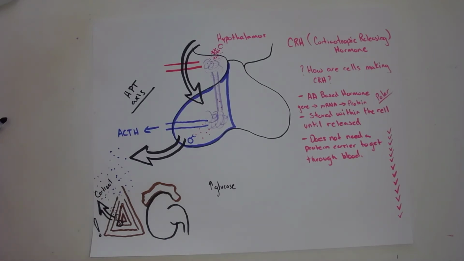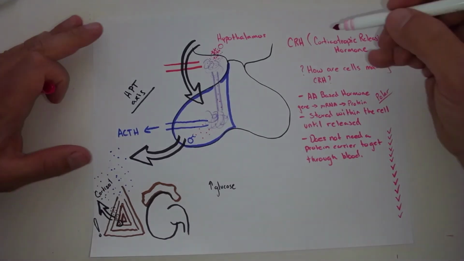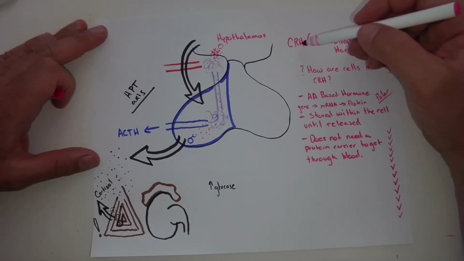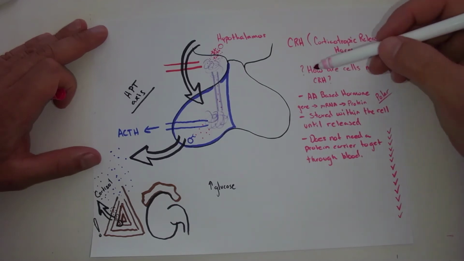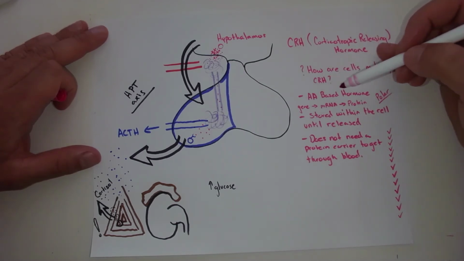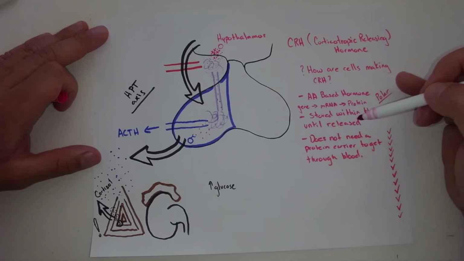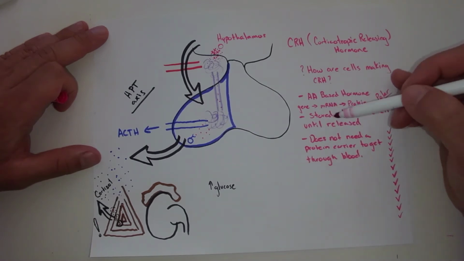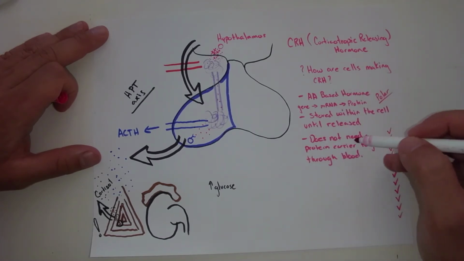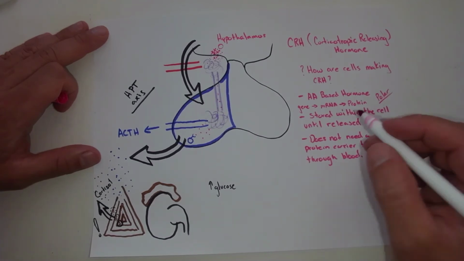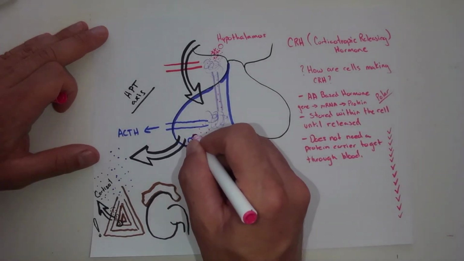So by understanding the chemical class of CRH, I can deduce how cells are making it. I can deduce whether or not it's stored within the cells. I can deduce how it's going to travel in the blood. And I can even deduce where it will bind on the target cell.